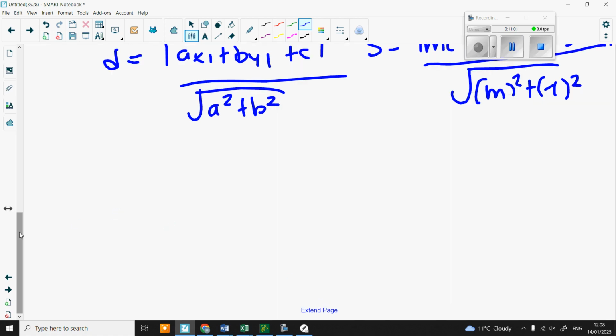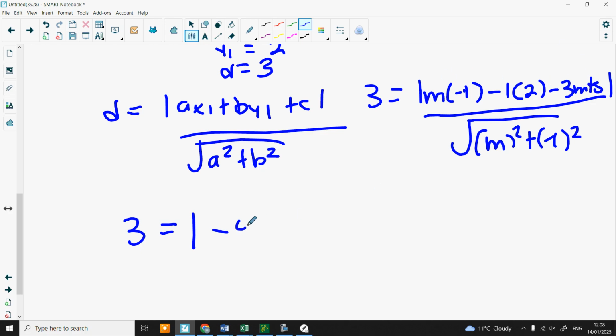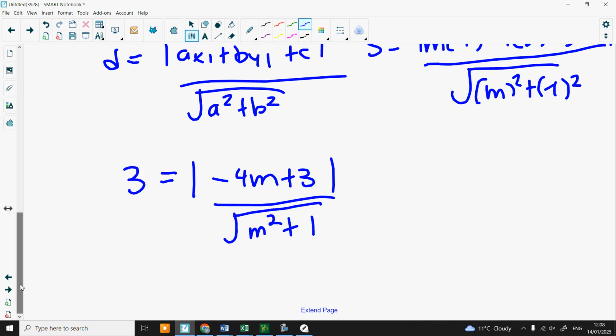Then we're going to get 3 equals, now, minus m minus another m is minus 4m. Minus 2 plus 5 is plus 3. And on the bottom is the square root of m squared plus 1.